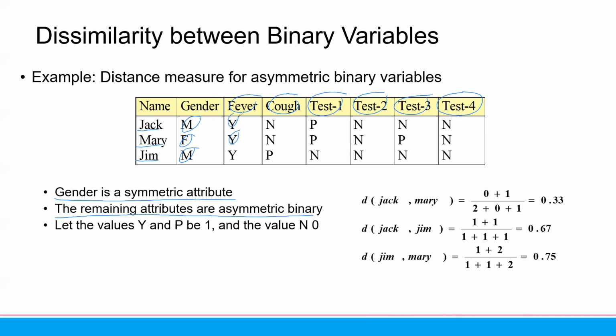Fever: yes, yes, yes. Test results: negative, negative, and positive. Let Y and P be 1, and N be 0. Now, what is the distance between Jack and Mary?